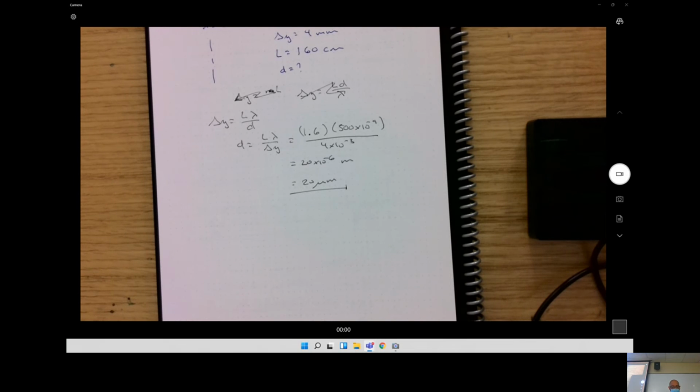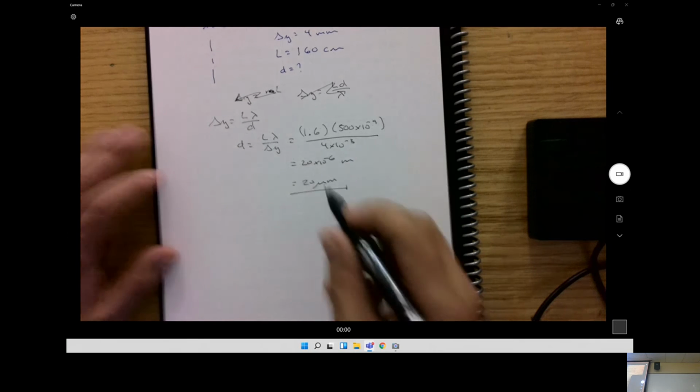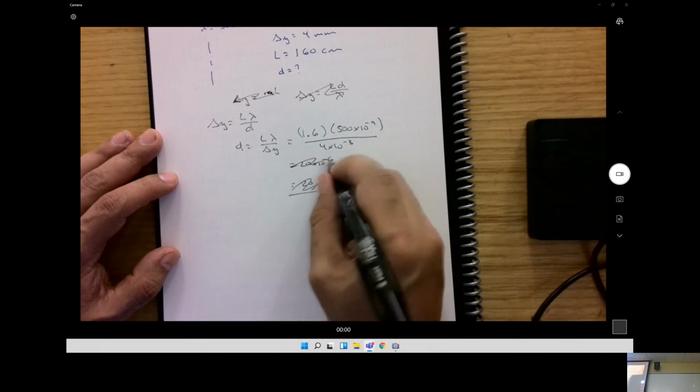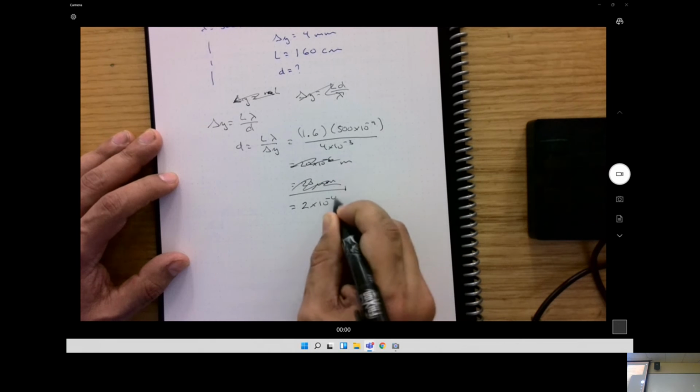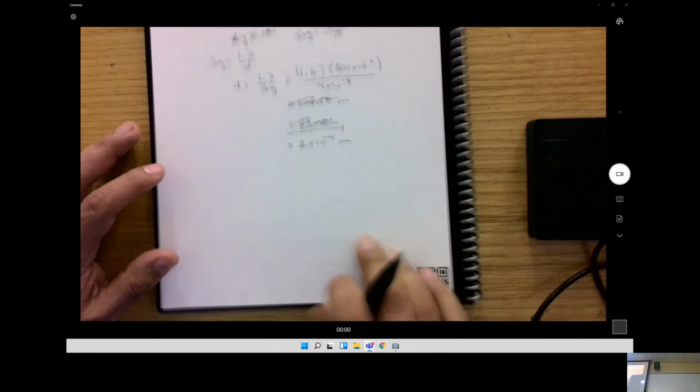I got 2 times 10 to the negative 6. Yeah, it's hard. 2 times 10 to the negative 4 meters.